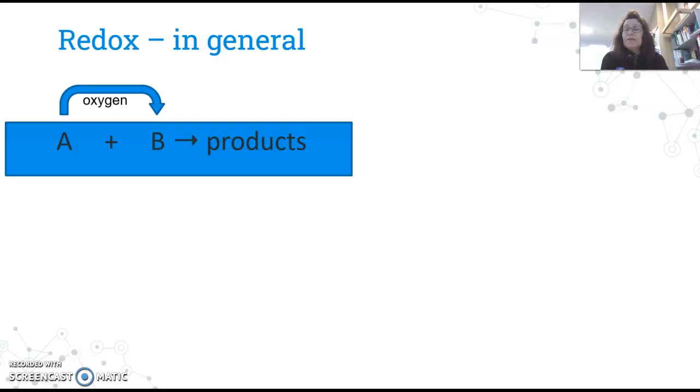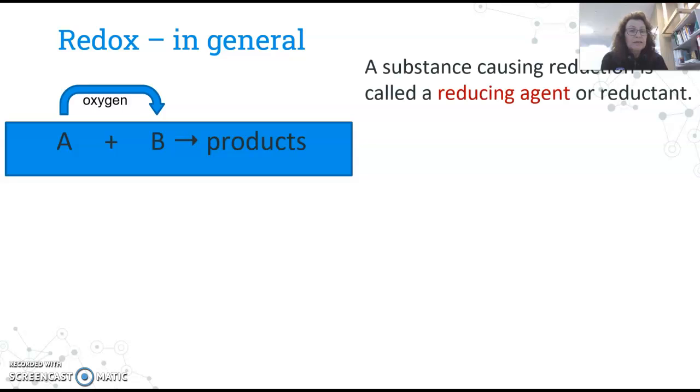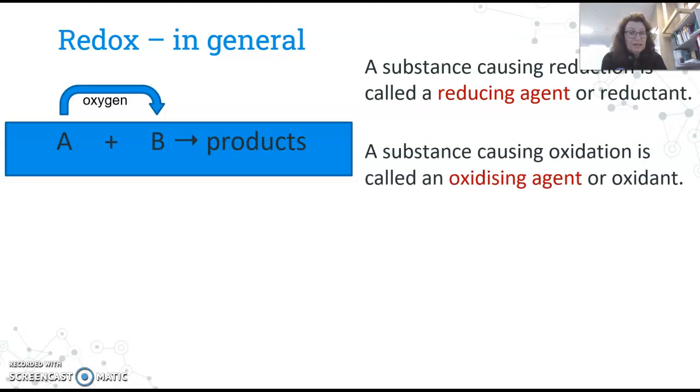When we're looking at oxygen transfer from one reactant to another reactant, the substance causing the reduction is called a reducing agent or the reductant, and the substance causing oxidation is an oxidizing agent or an oxidant. You may have heard of oxidizing agents, that language before. This is what it effectively means.